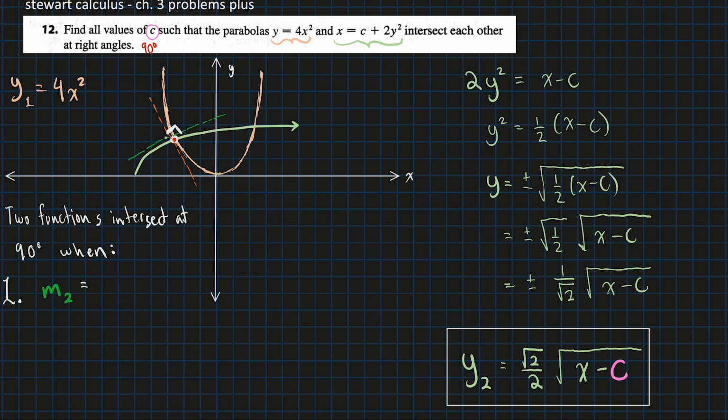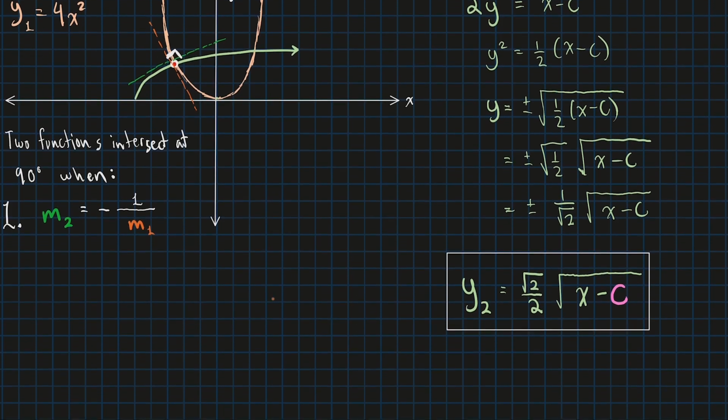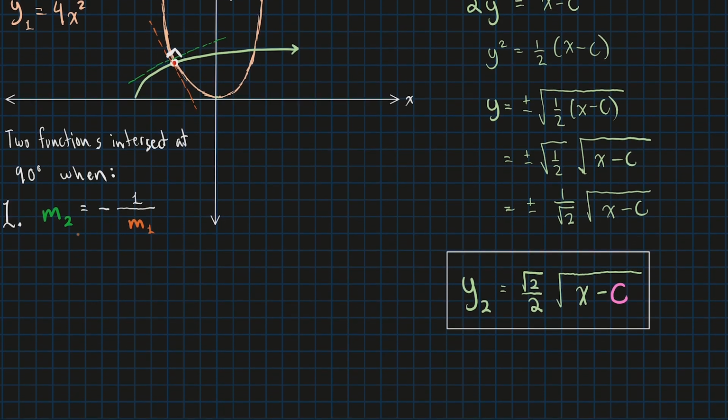So we know that the slope of this green line has to be the negative reciprocal of the slope of the orange line. So you're taking the slope of the orange line, taking the reciprocal, and multiplying it by -1. That's what the negative reciprocal means. So when two lines are perpendicular, you know their slopes have to be like this.